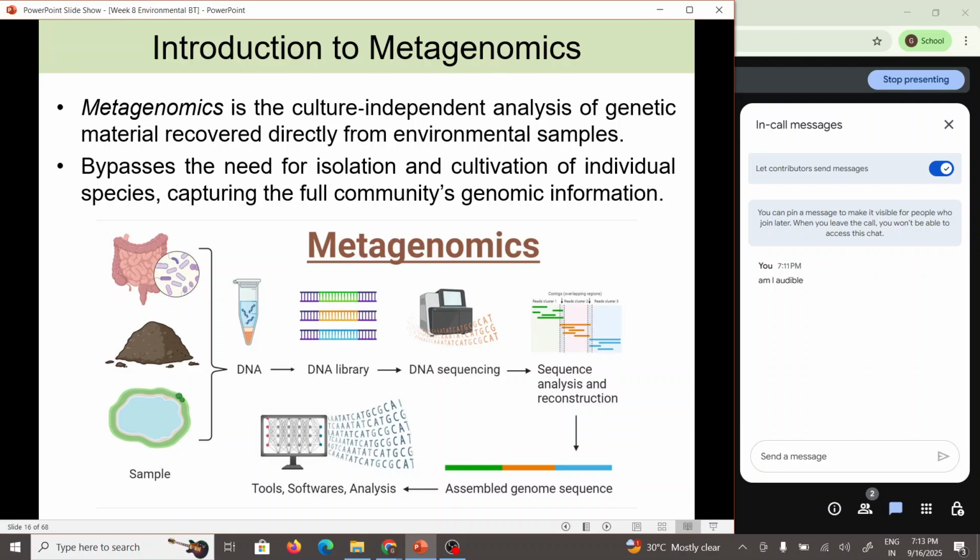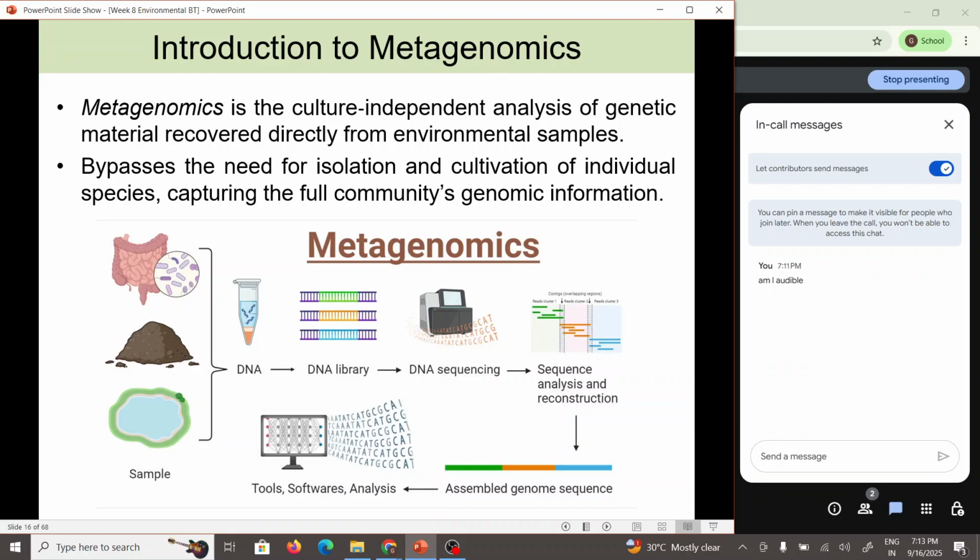So, I am going to collect some amount of soil and some amount of water as a representative of the whole environment that is present there, and from that sample I am going to isolate the genetic material, which is generally the deoxyribonucleic acid or the DNA, and I'm going to analyze it in a culture independent method.